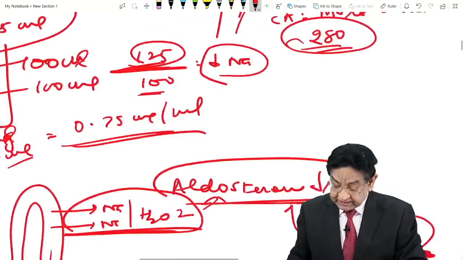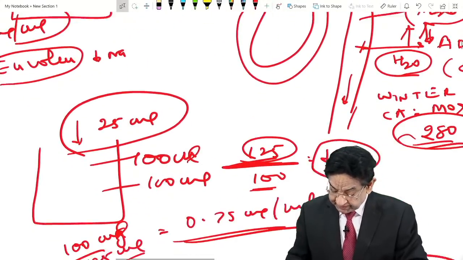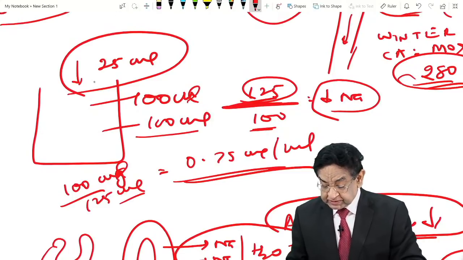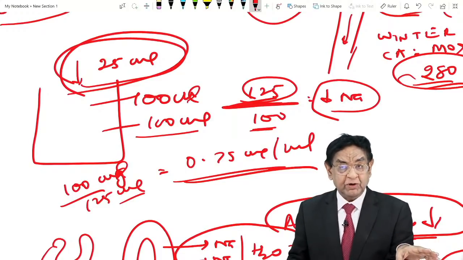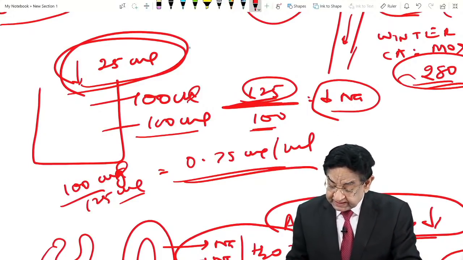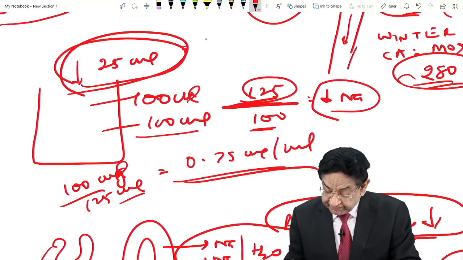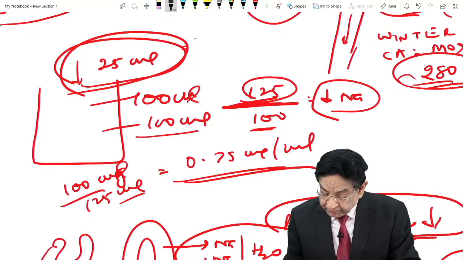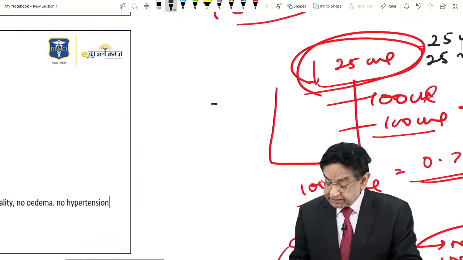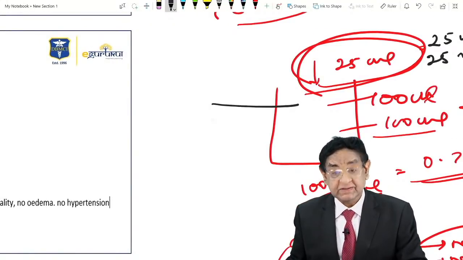Now, if I go by this example, ADH has caused 25 ml of increased water absorption. Now, if I remove 25 ml of water and 25 milligram of salt from this glass, how much water is left in this glass? 100 ml.